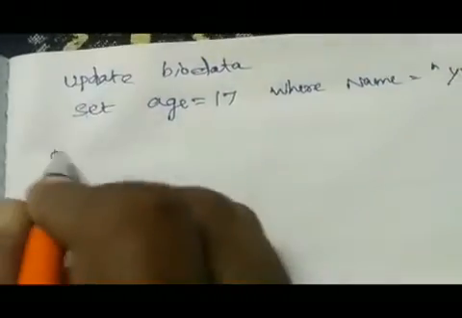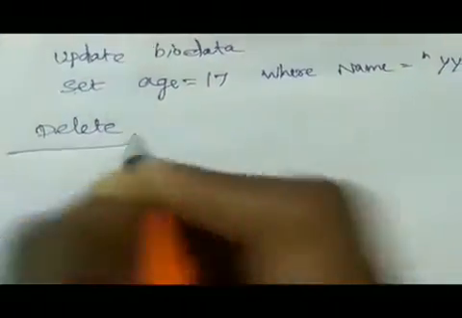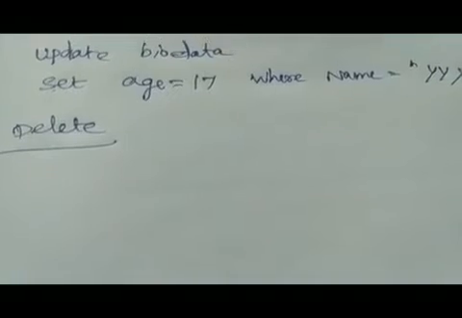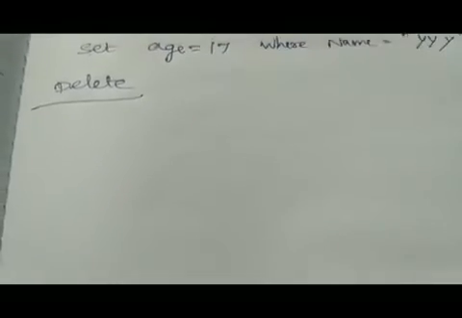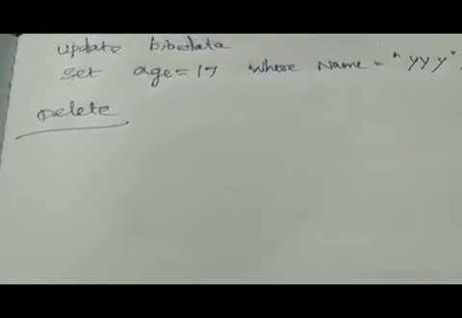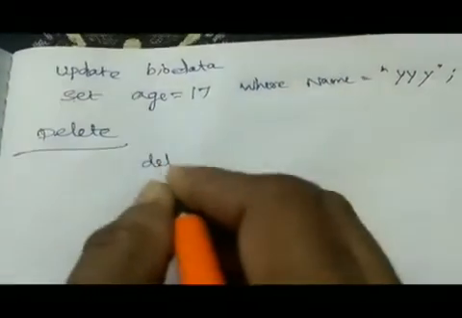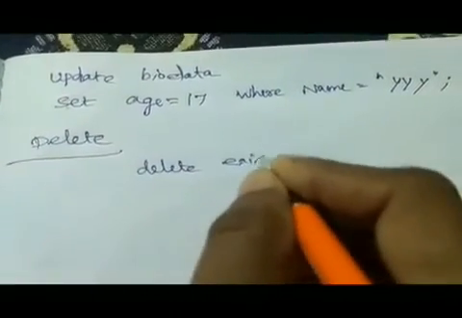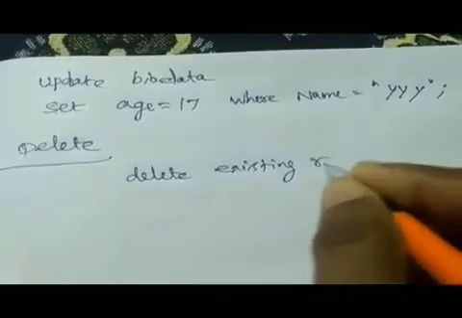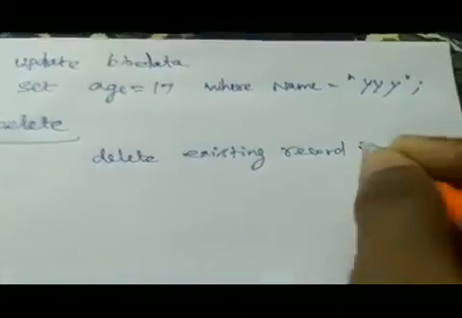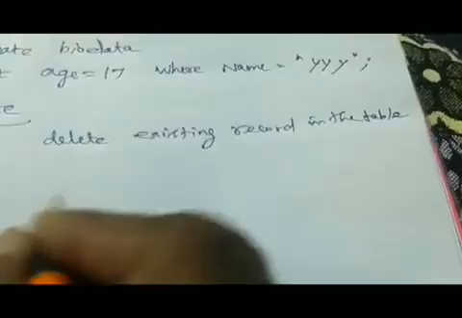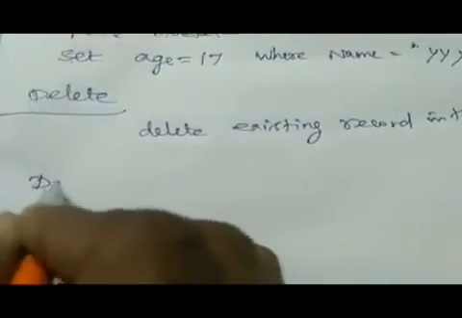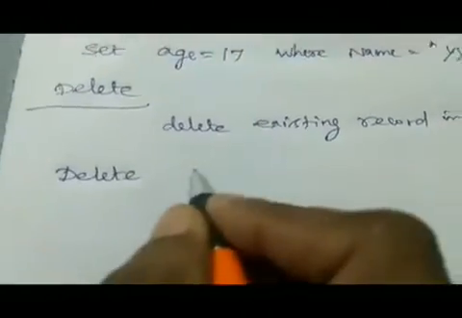Okay, the next topic we are going to see is delete. So what is the purpose of the delete command? It is used to delete a record, a particular record or existing record in the table. So here the delete syntax is delete.